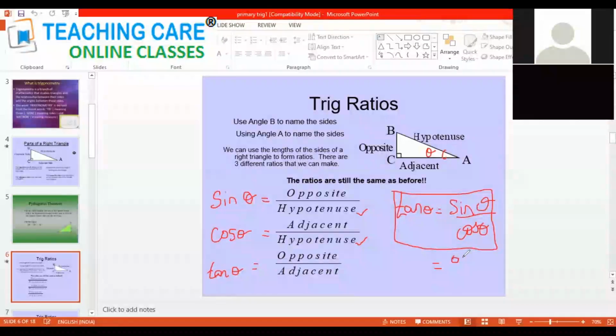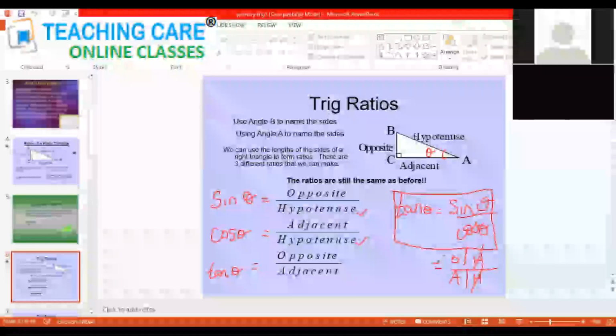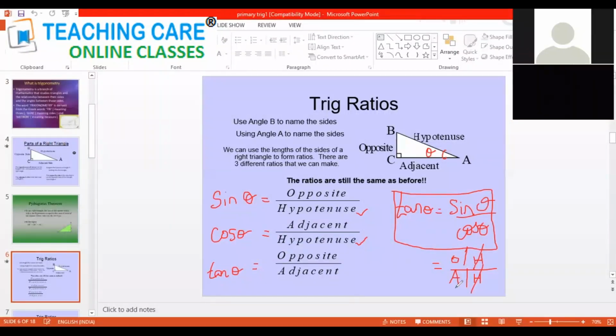Opposite side over hypotenuse, divided by cosine of theta, which is adjacent side over hypotenuse. So the hypotenuse gets cancelled, and you will be left with opposite side over adjacent side. That is it. Understood?